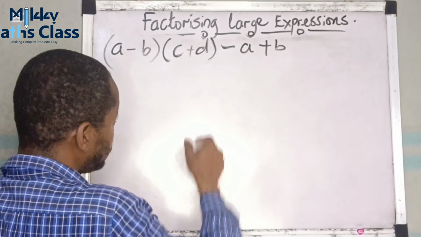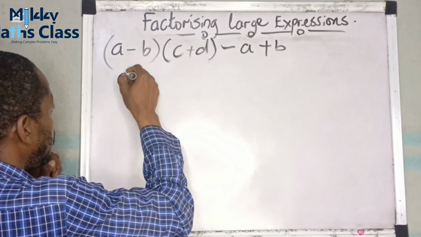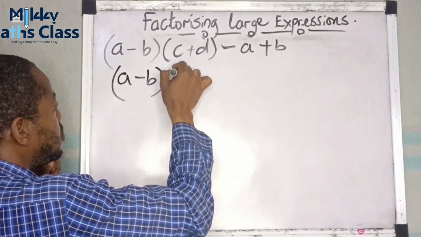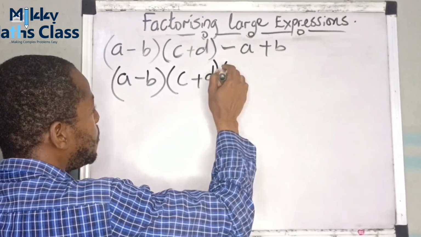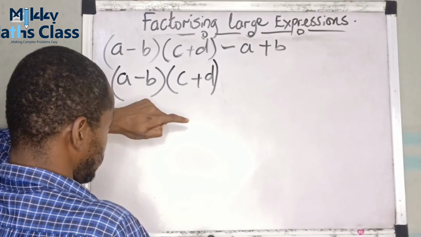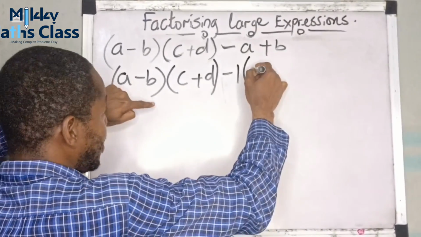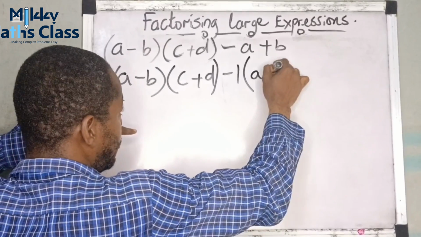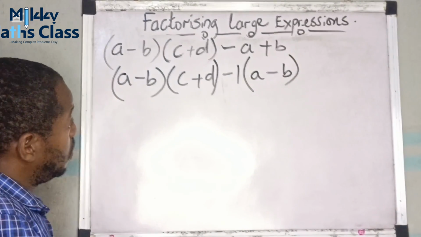And how do I do that? I'll factor out negative 1 from this place. So this becomes a minus b into bracket c plus d, minus 1 into bracket a minus b. Now what did I do?